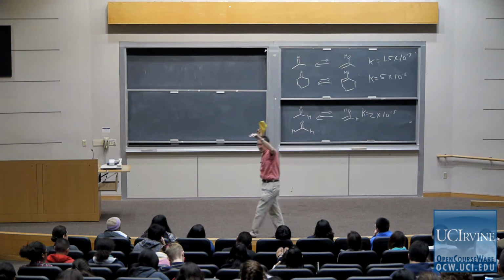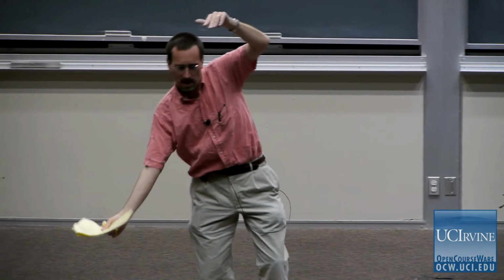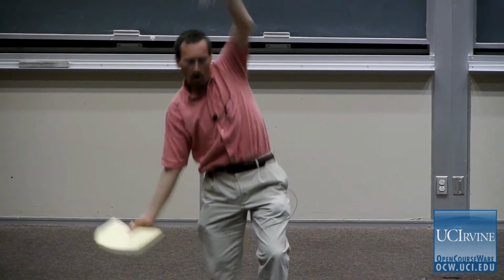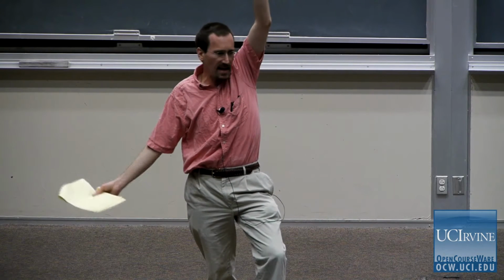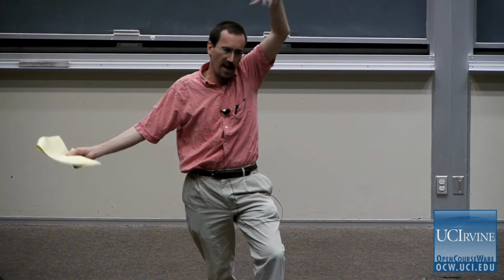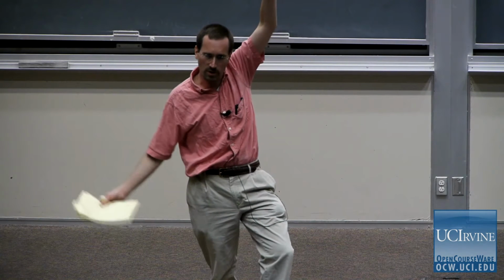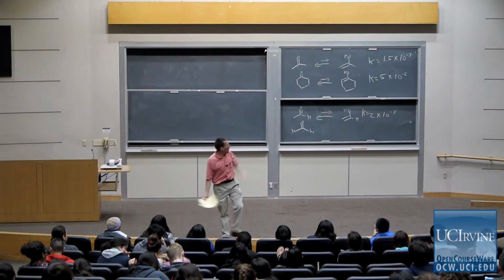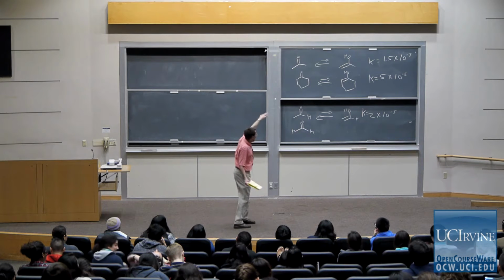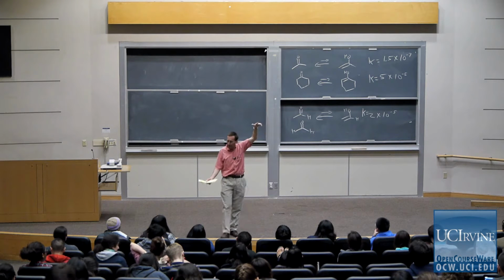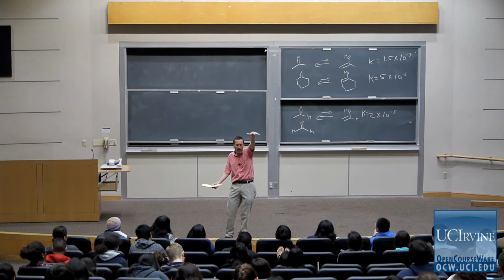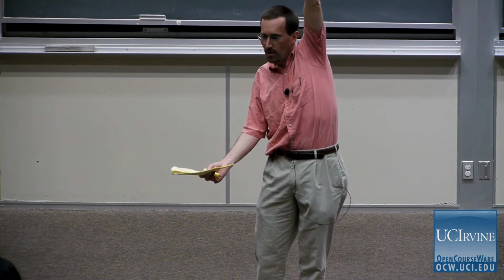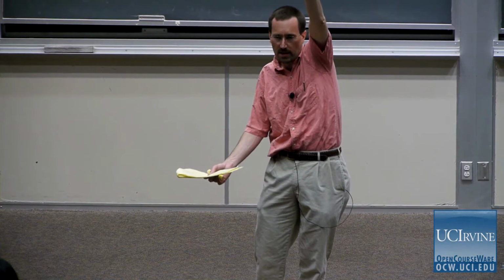So anything that either lowers the energy of the reactant or raises the energy of the product makes that equilibrium constant greater in magnitude, in one direction or the other. So when we talked about acetone versus cyclohexanone, they're both ketones, but we're lowering the energy of the enol by making the double bond more stable.